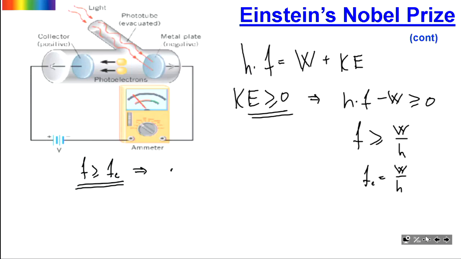Hence, photoelectrons exist only if the frequency is above the critical one. If the frequency of light is less than the critical one, no electrons are ejected. That's it.